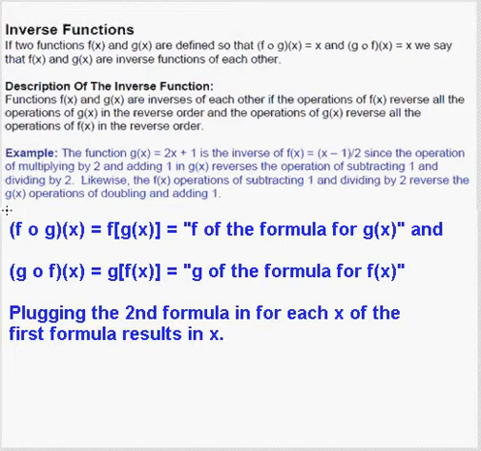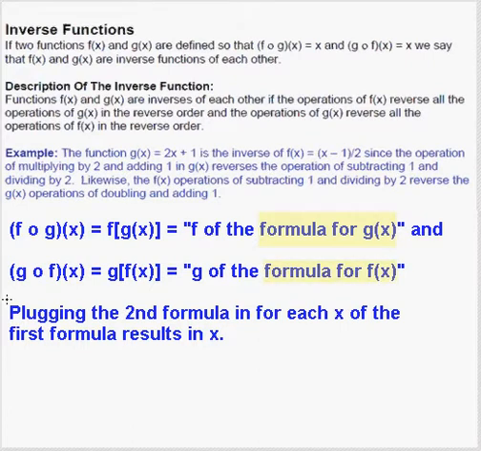And to clarify this, I have in blue here that f in composition with g of x means you're taking f of g of x. You're plugging the formula for g of x in for each x of f of x. And also, g in composition with f of x means you're taking g of f of x. So you're plugging the formula of f of x in for each x of g of x.